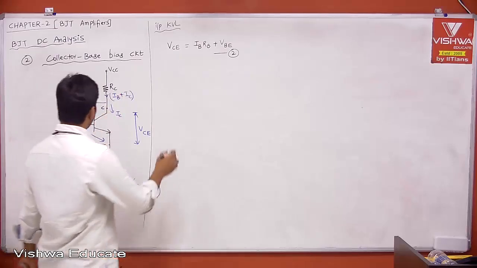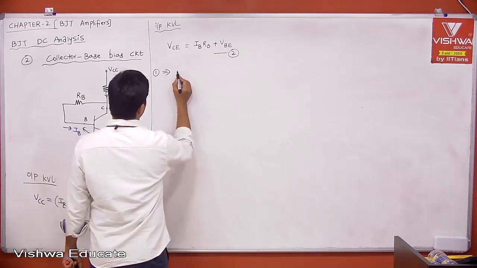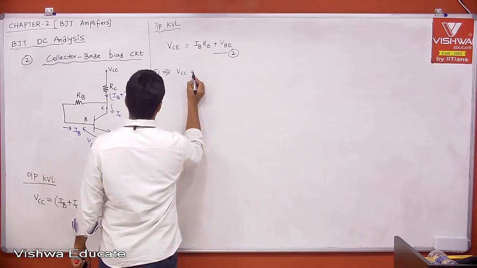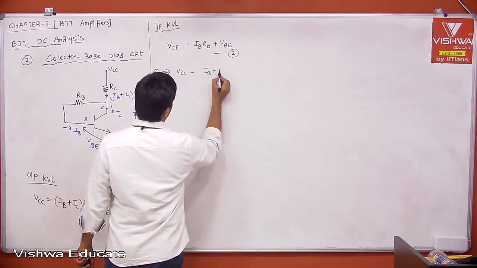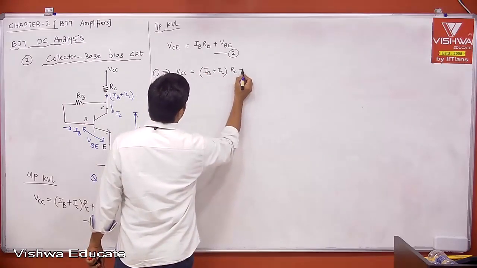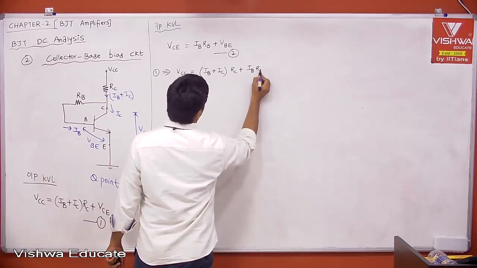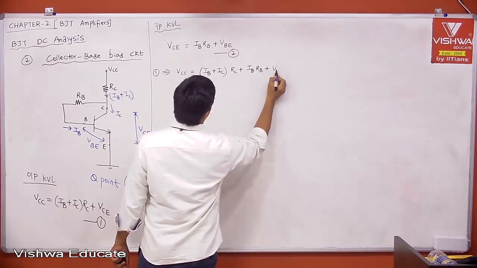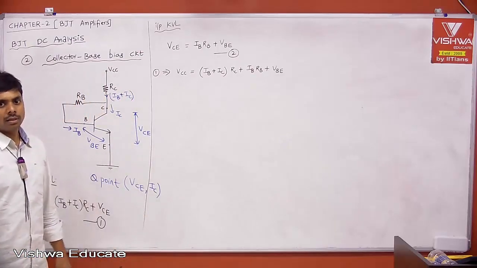Combine 1 and 2. Therefore 1 implies VCC is equal to (IB plus IC) into RC plus VCE, which is nothing but IB into RB plus VBE. Right?